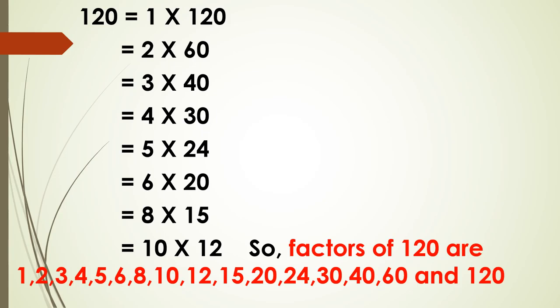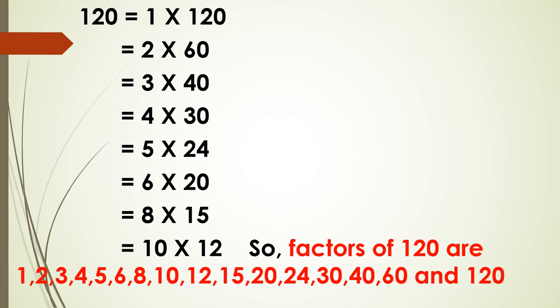So the factors of 120 are 1, 2, 3, 4, 5, 6, 8, 10, 12, 15, 20, 24, 30, 40, 60 and 120. Again I am saying, please make all the factors very carefully. If you miss one or the other factor, then your complete question will be wrong. So don't be in a hurry.